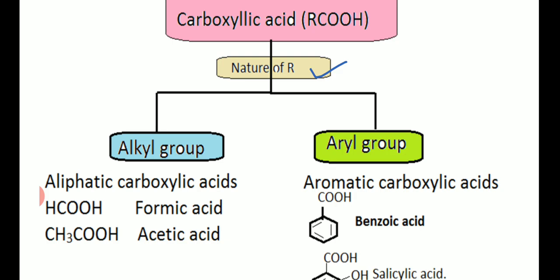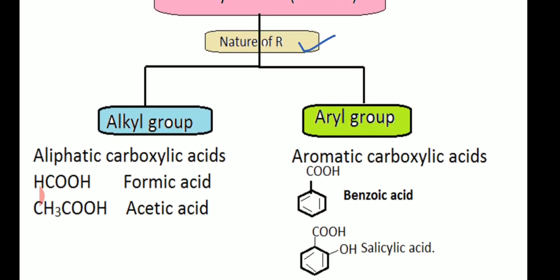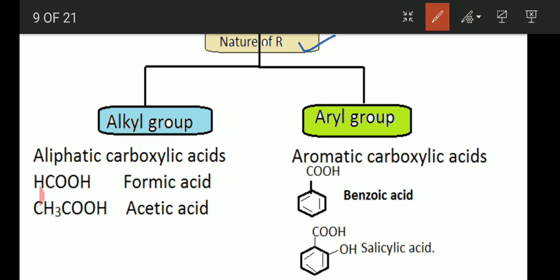Based on the nature of R, it is divided into 2 categories. If R is an alkyl group, aliphatic carboxylic acids. If R is an aryl group, aromatic carboxylic acids. So carboxylic acids are aliphatic and aromatic depending on the R present.